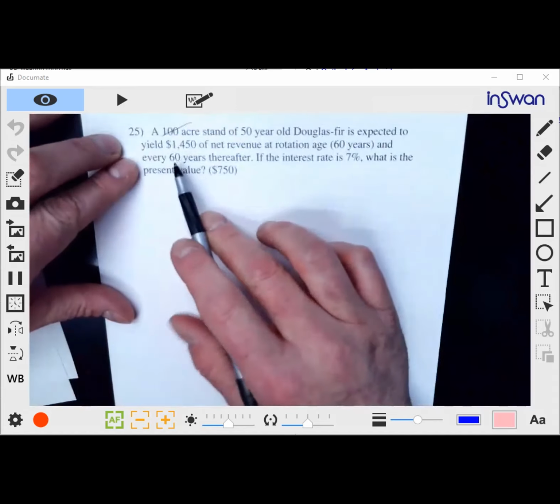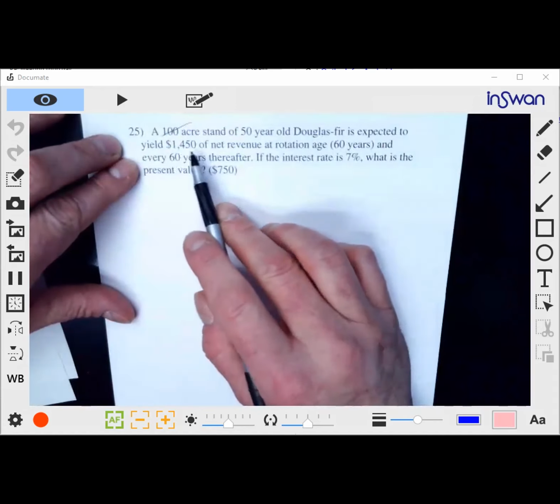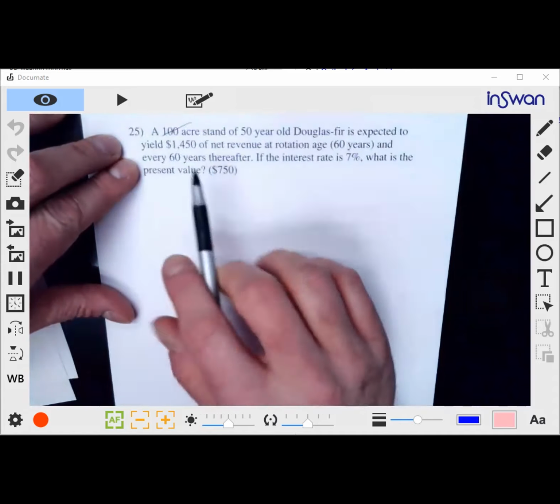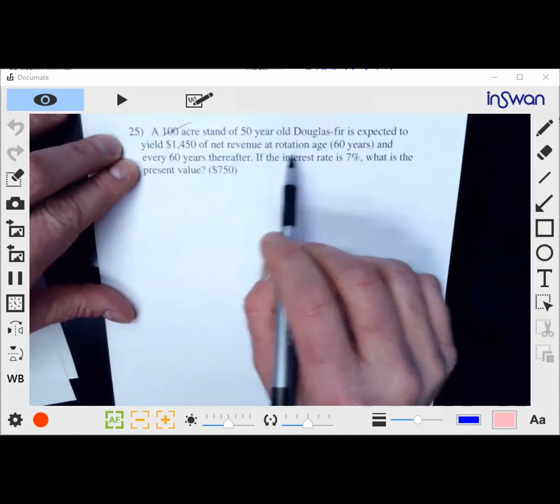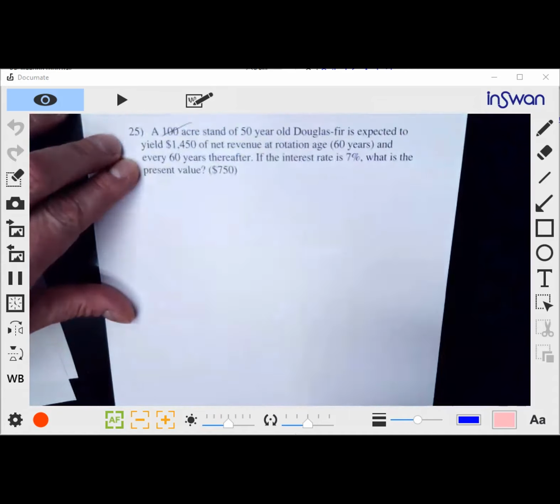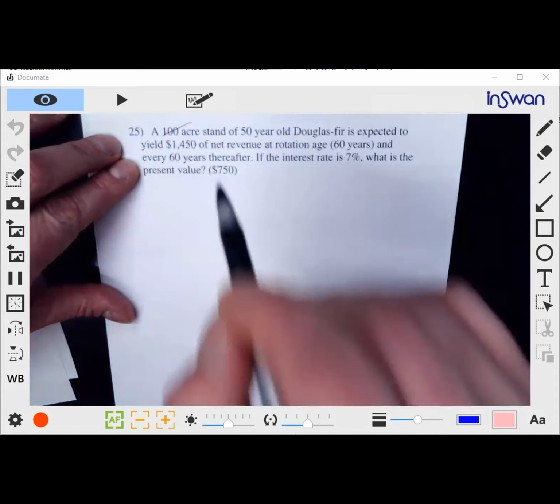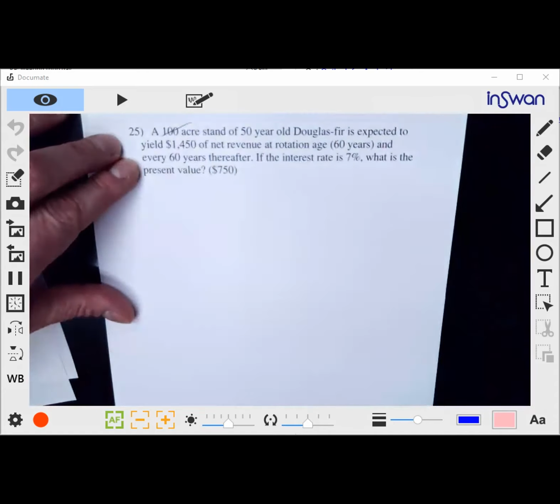That's expected to yield $14.50. So this is a revenue instead of a cost, but think of it the same way. At rotation age 60, I'm going to get $1,450, and then every 60 years from there on. Just like in 5 years, I'm going to have to buy a new bulldozer, and then every 20 years thereafter.